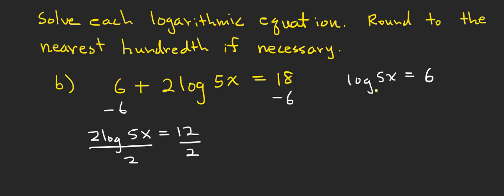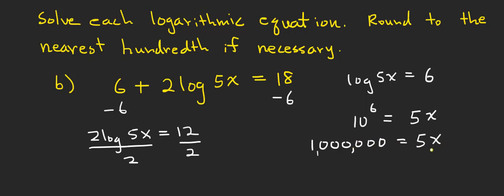Now notice this is a common logarithm, so the base is 10. So 10 to the 6th power equals 5x. What is 10 to the 6th power? That means you're going to have 6 zeros: 1, 2, 3, 4, 5, 6. So it's a million. And then to solve for x, you've got to divide by 5.